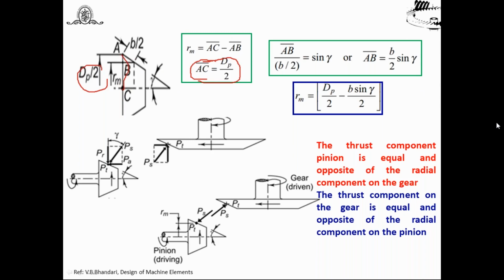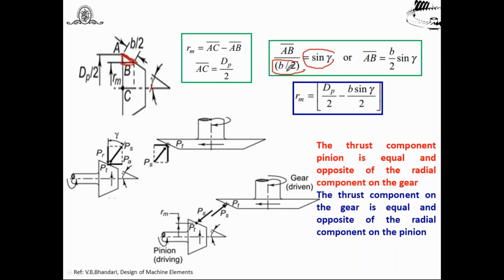Then again, if you consider the geometry at this portion here, A, B, this portion, you can easily write AB upon this b by 2. Small b by 2 is the hypotenuse here. Look at this triangle, this is AB, and this is equal to sin gamma. That means this angle becomes gamma.